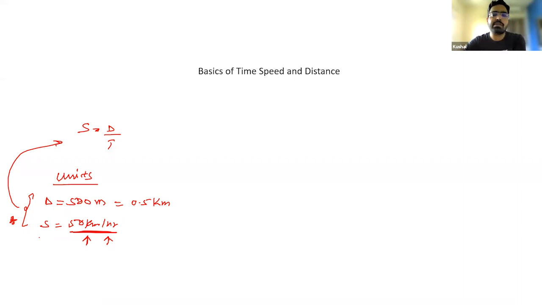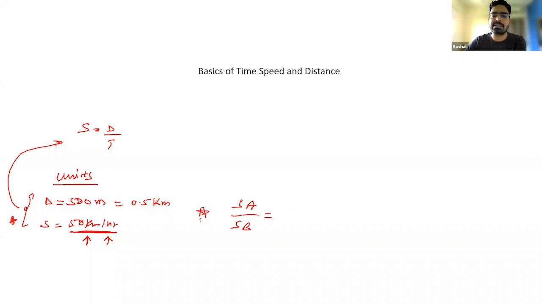There's one more thing which happens when you look at unit conversions: at some point, it may happen that you will not need to look at these units. When is that? For example, suppose the speed of A upon the speed of B, if your distance is constant, is in the inverse ratio of time.